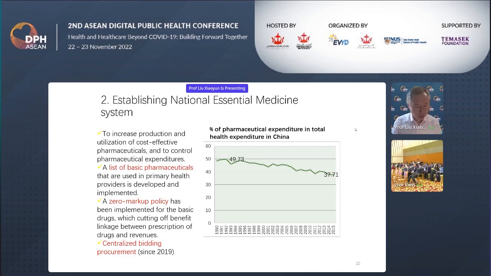After this reform, we removed this markup. This is to reduce the expenditure on drugs from pharmaceutical products. And starting in the year of 2019, the national government organized a centralized bidding system to further reduce the price of pharmaceutical products.